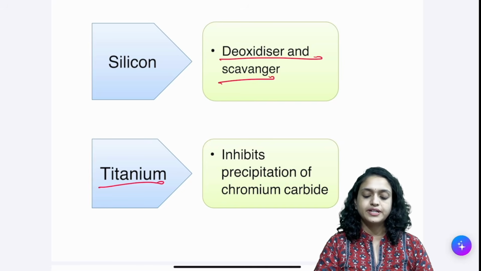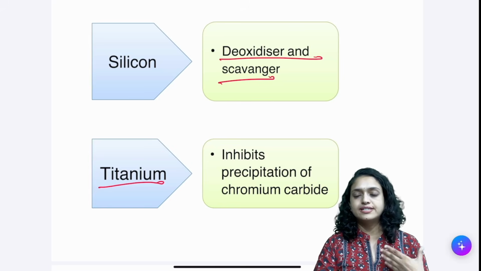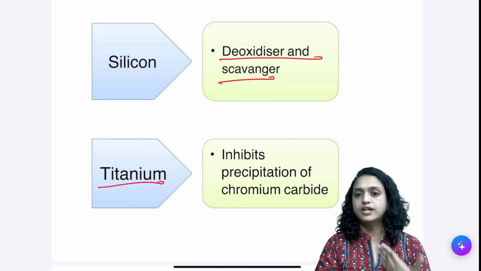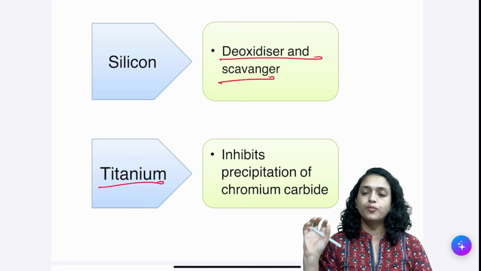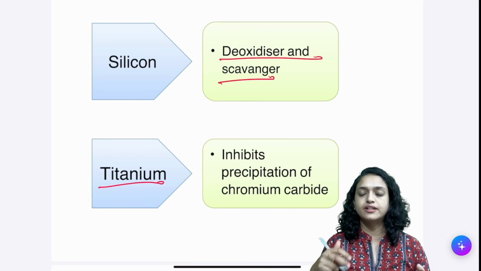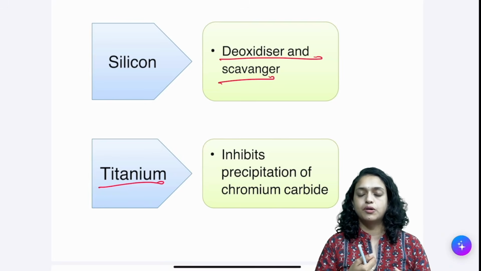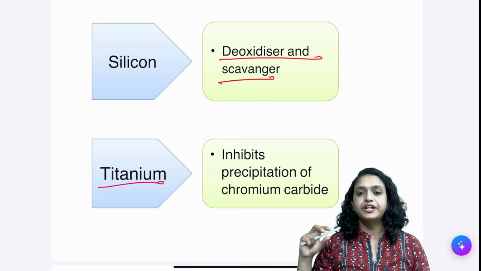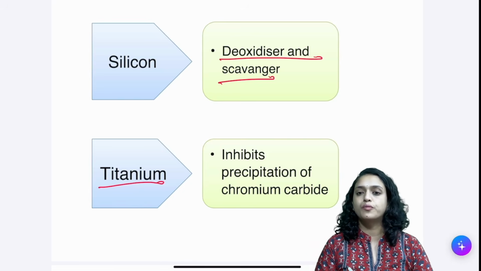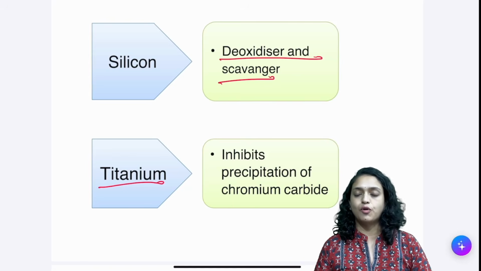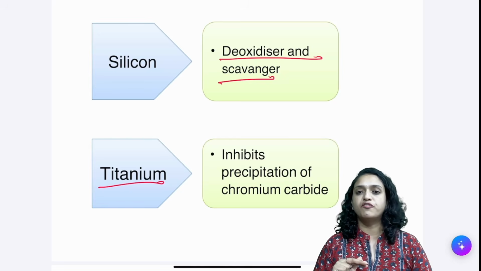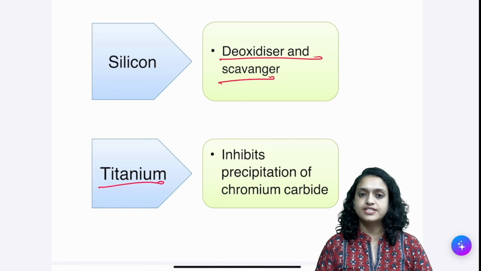And titanium. In stainless steel that contains more carbon, instead of the chromium forming chromium oxide, when the metal is heated, the chromium reacts with the carbon and forms chromium carbide. So the amount of chromium available to form the passivating layer gets reduced.